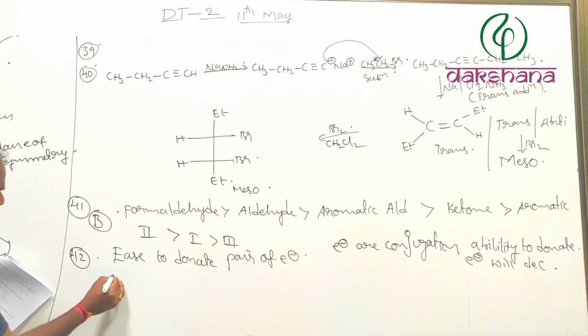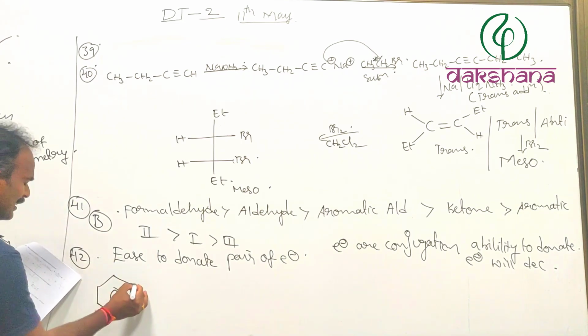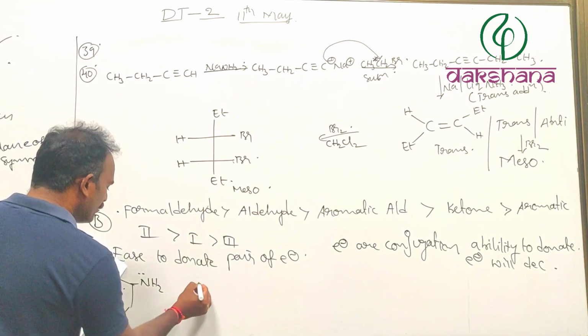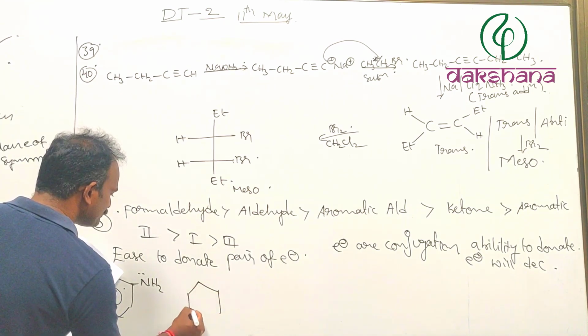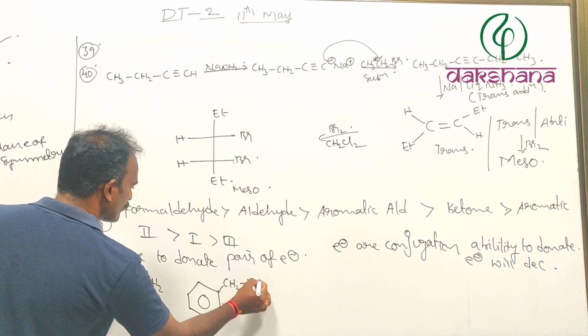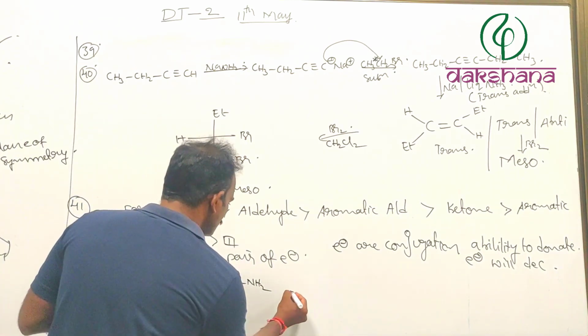Therefore, here what are the compounds which are given to you? The first compound given to you is aniline. The second compound is benzylamine.